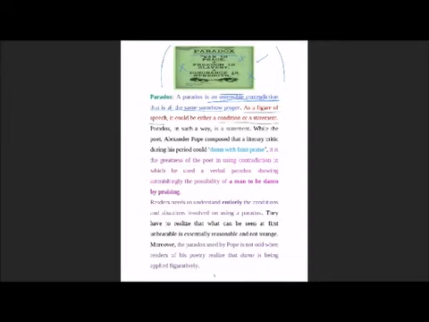In such a way, it is a statement which the poet Alexander Pope, the Augustan age poet of the 18th century, composed: that a literary critic during his period could damn with feigned praise.